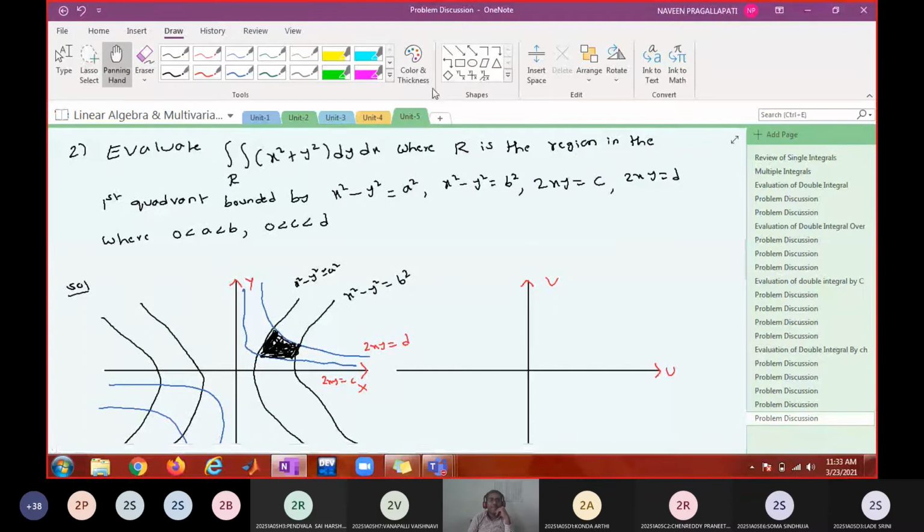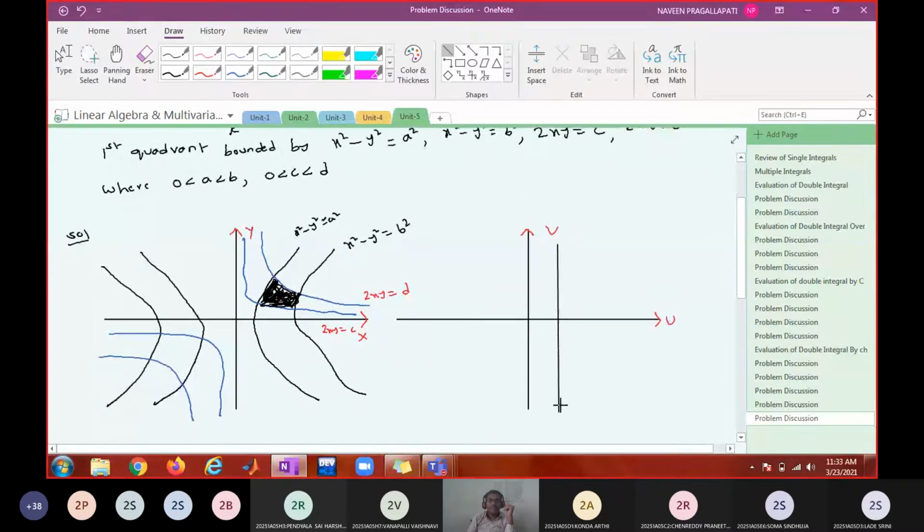Then what will be that region? u equal to a square, u equal to b square, and v equal to c, and v equal to d.